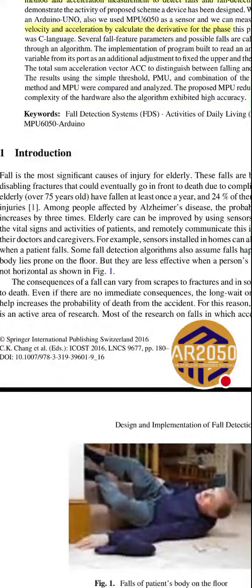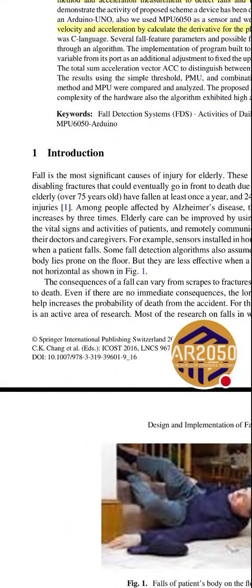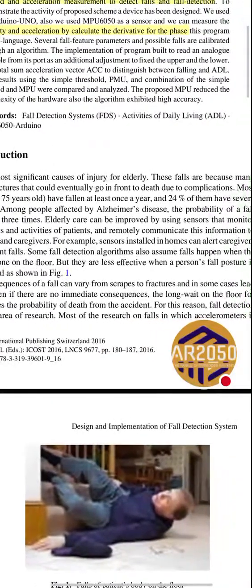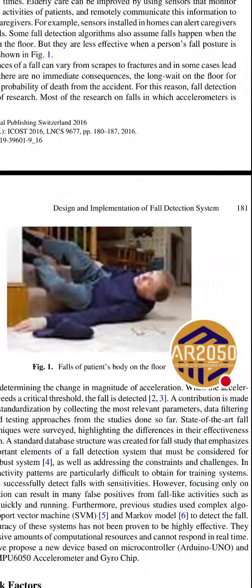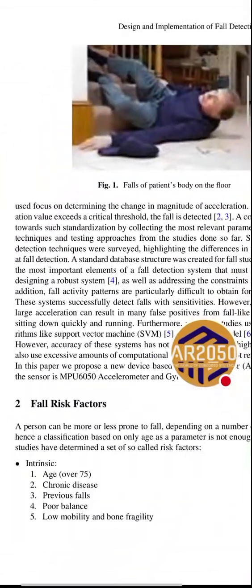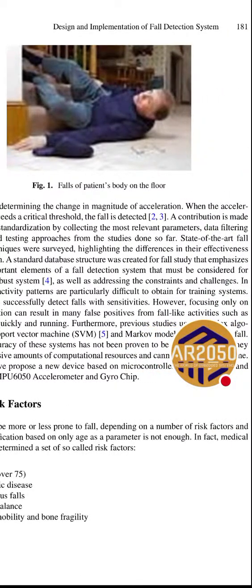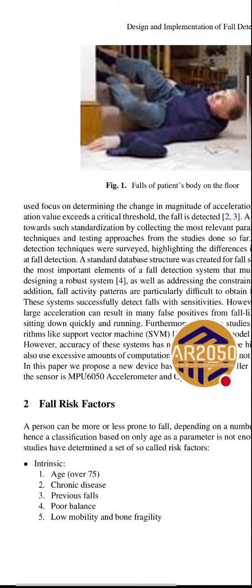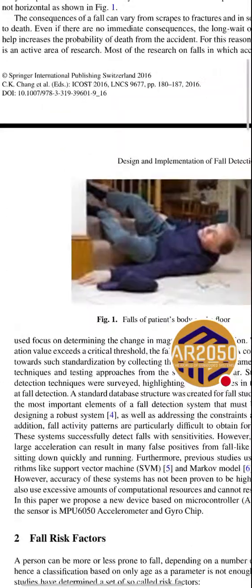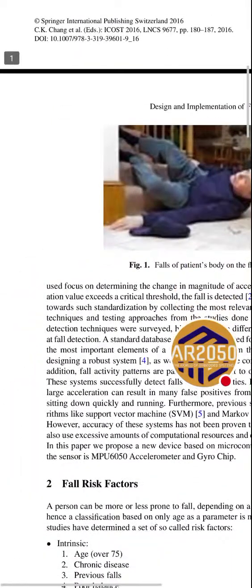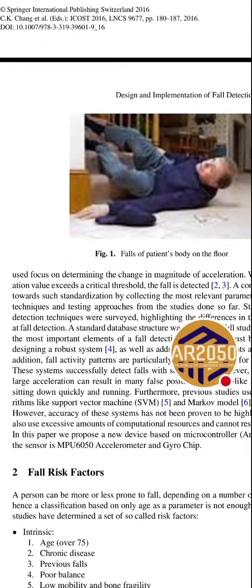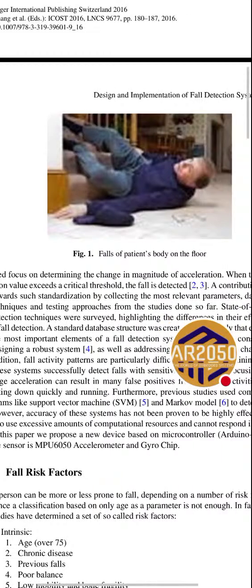First of all, fall is the most significant cause of injury. Well, we know that. Let's move on. Most of the research on fall detection in which accelerometers are used focuses on determining the change in magnitude of the acceleration.